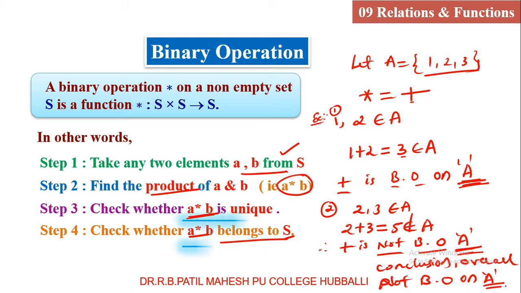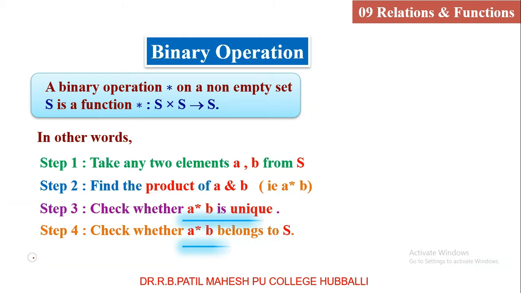A has 1, 2, 3. All elements should satisfy the operation. Here 1 and 2 satisfy, but 2 and 3 do not satisfy. So we should say overall the operation is not a binary operation. Hope you are understanding that the operation should be satisfied for all the elements of the given set, then only it is a binary operation.